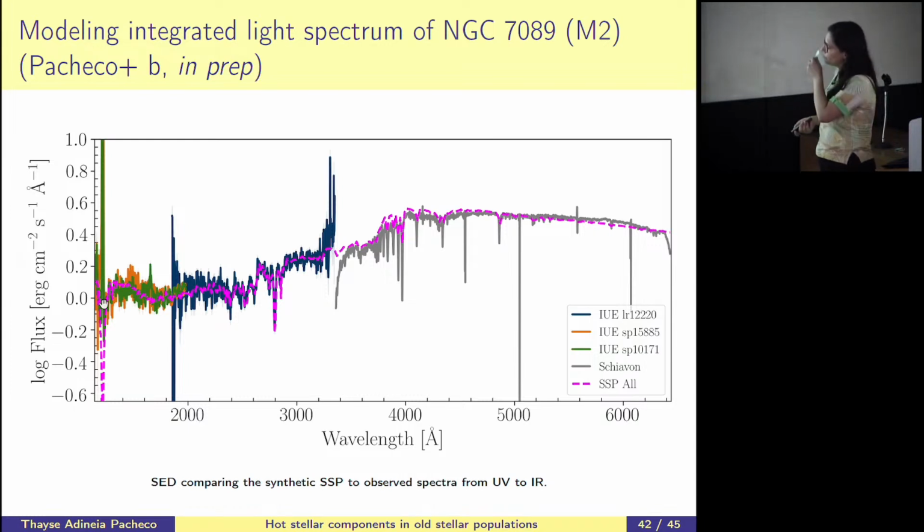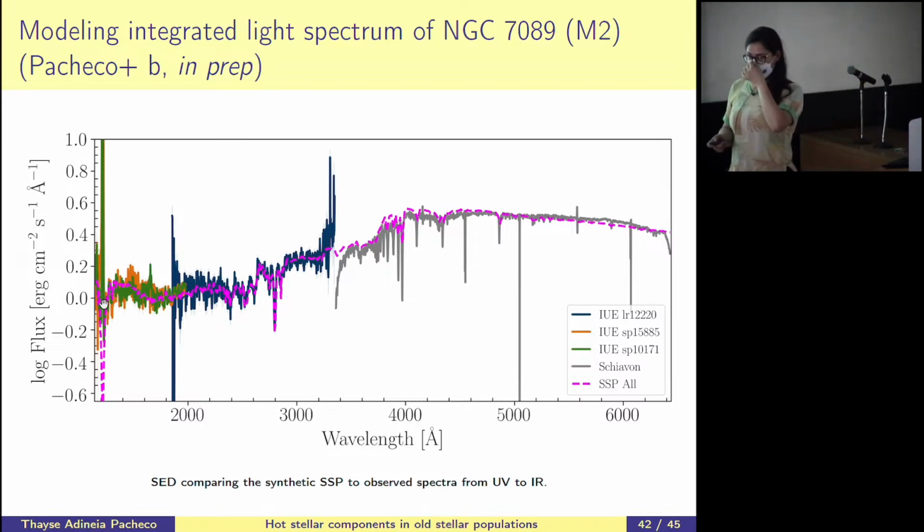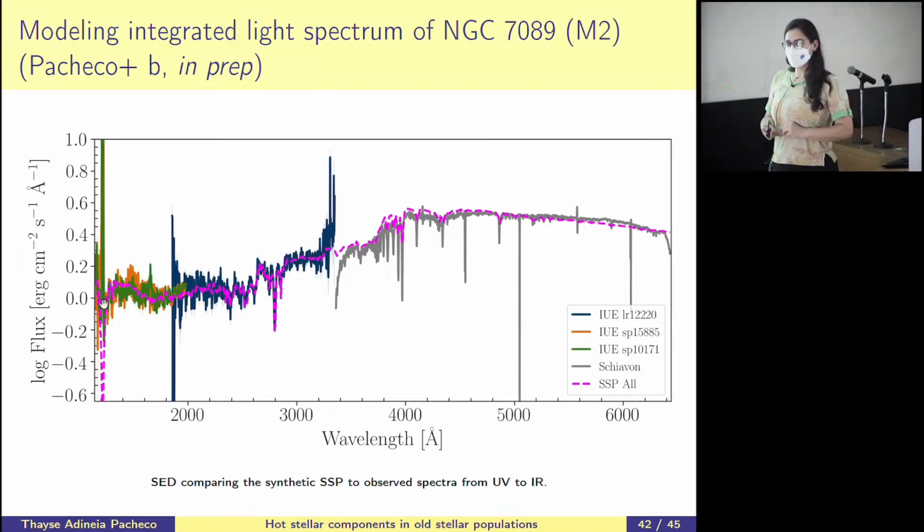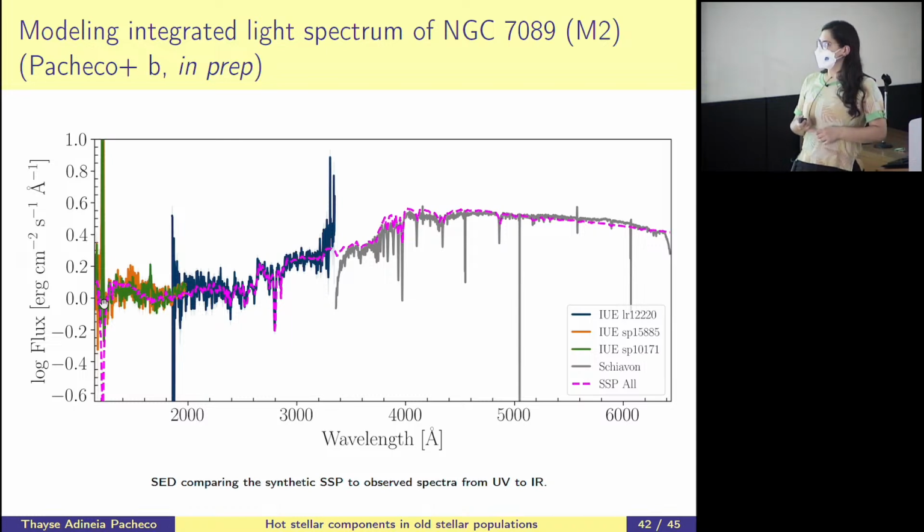Okay. And I have a last question, if I can. In the beginning, you also mentioned that for doing this modeling, you need to calibrate some dust model. Is this to remove the foreground, or is this something inside the cluster?